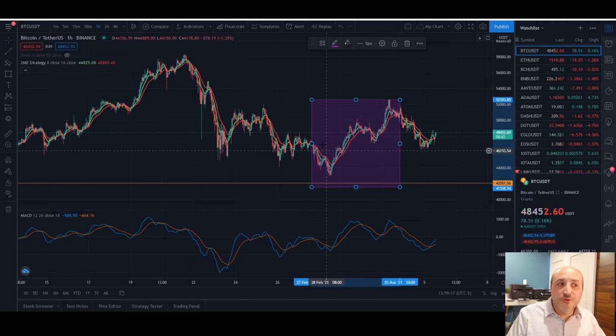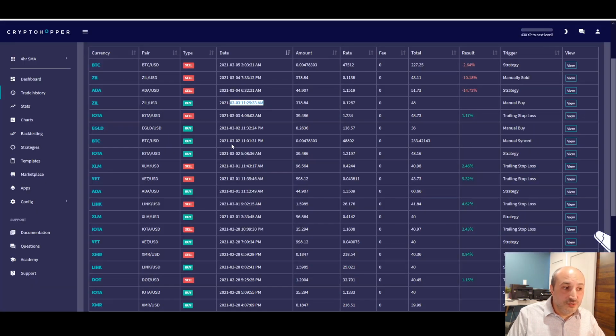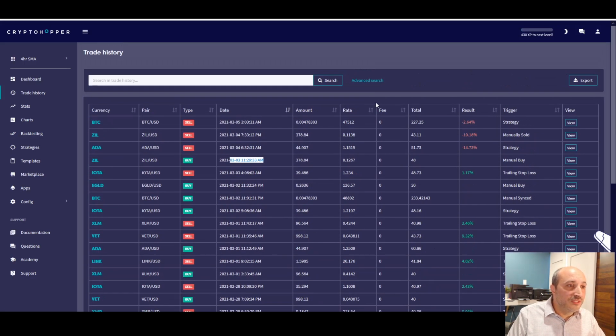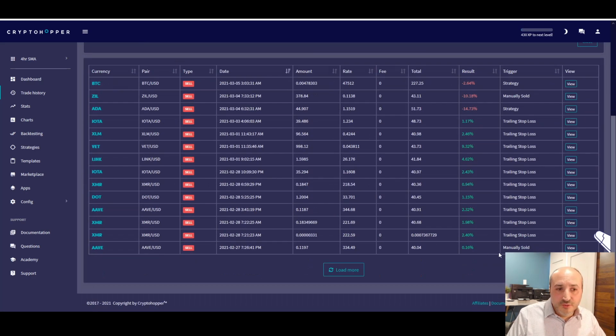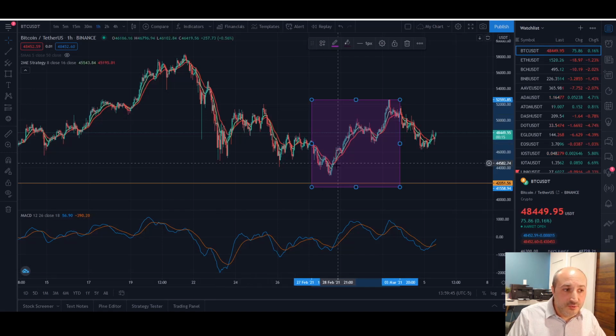And even though I had some good downs and ups, the profit from the trading bot was still pretty good. So if we look here, let's change this to sell only, so we don't need to see the buys. As you can see, for the last week all my trades were positive, and some of them were very big because we had a big uptrend right here.